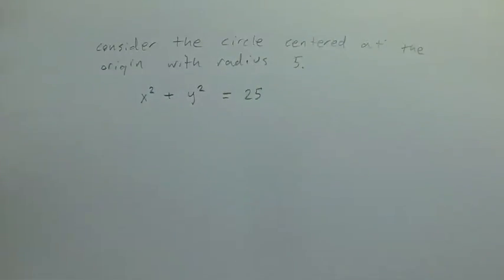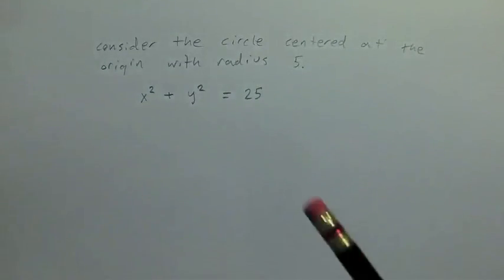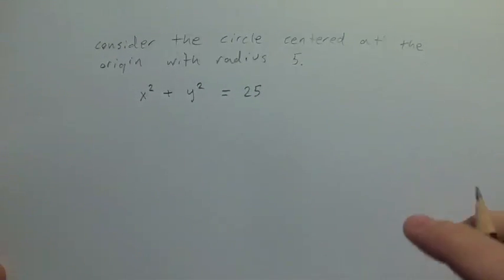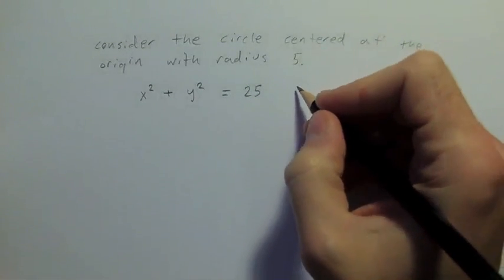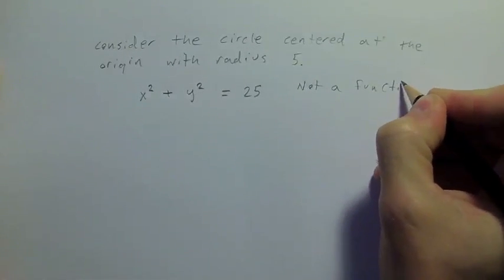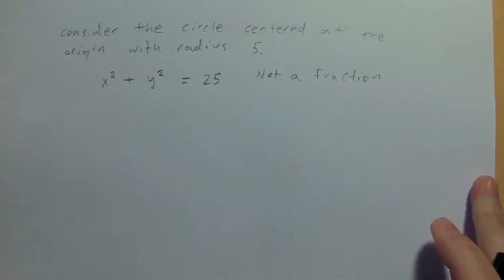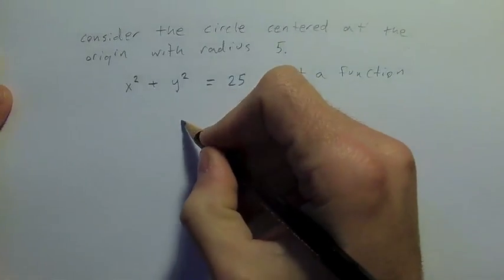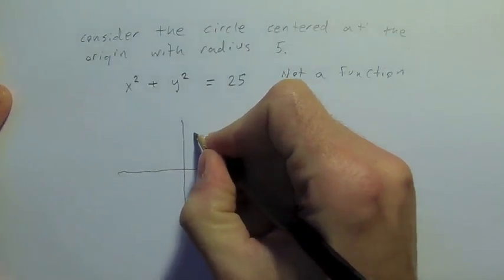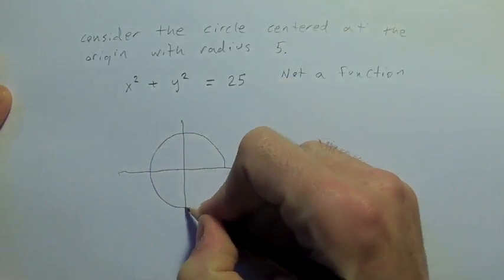Right, that's the equation of this circle. Now, this is not a function in the variable x, and there are a few reasons for why that is true, but the main one is the fact that a circle does not pass the vertical line test.